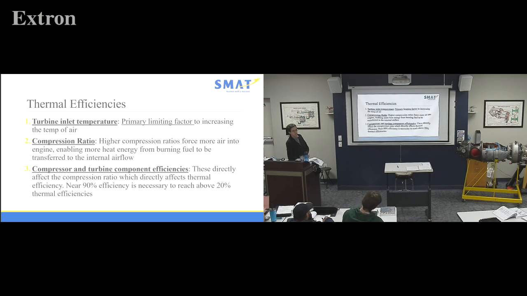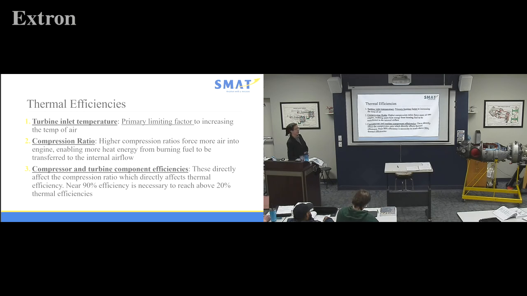If you get too much temperature, you can start melting the blades. So that is going to be the primary limiting factor of designing an engine and having that burn efficiency. You run as much as you can without damaging the blades.